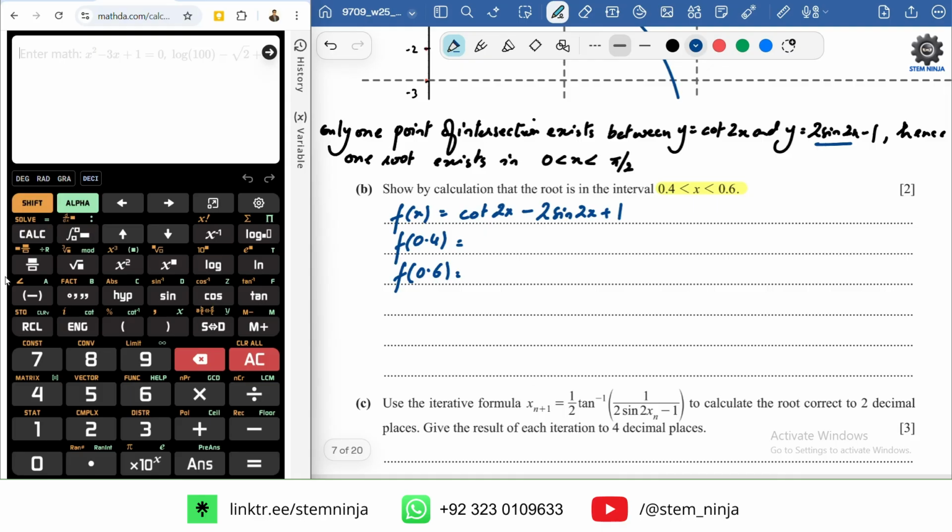So cot is basically 1 over tan. 2 times 0.4 minus 2 times sine of 2 times 0.4 plus 1.